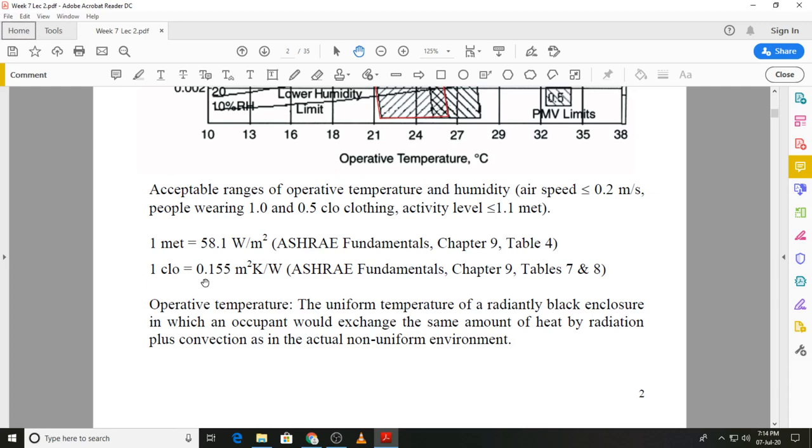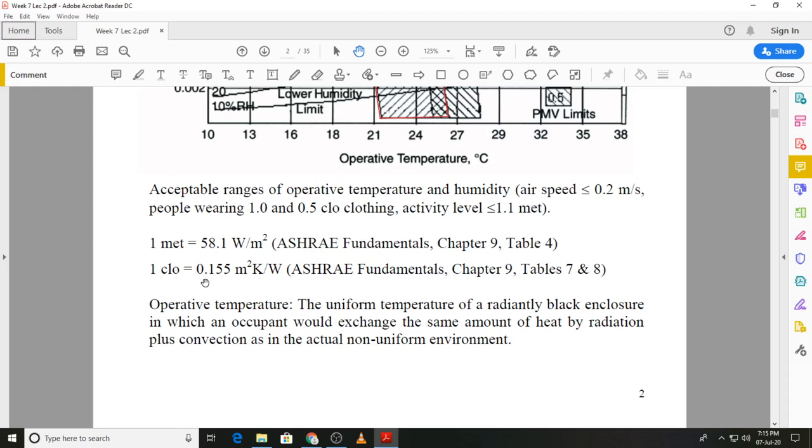Now if you consider a conditioned space, just consider a room, it will have walls, you will have a ceiling, you will have doors, windows, and those surfaces will have different thermal characteristics. When we talk about thermal characteristics, I mean characteristics like emissivity, absorptivity. So when you talk about radiation heat transfer, these are surface characteristics which are of importance.